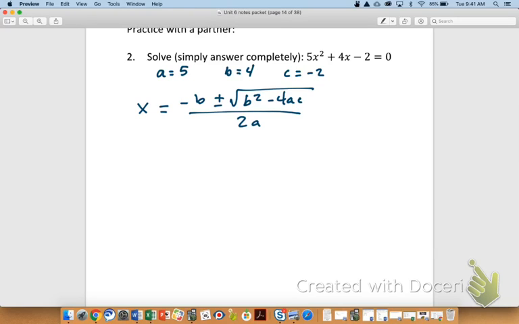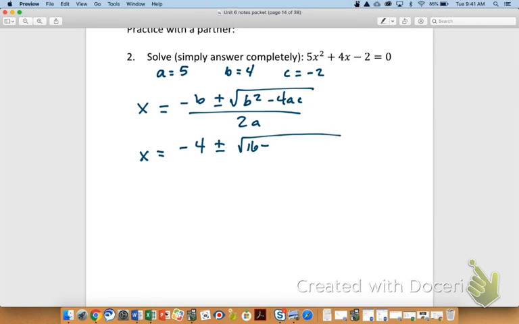And then it is exactly what you think. The 4 goes in for the B's. The 5 goes in for the A's, and the negative 2 goes in for the C's. It's just a matter of plugging in. So, this would be x equals negative 4, that's right, plus or minus. What's 4 squared? 16.